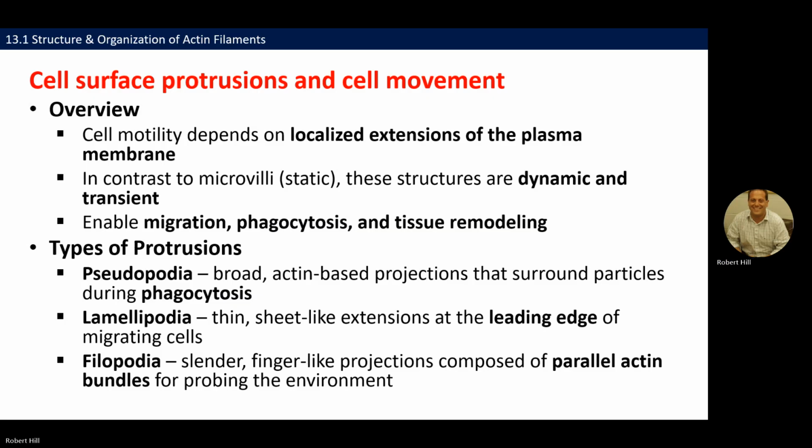Pseudopodia are important in phagocytosis, right? They'll wrap around. Lamellipodia are like flat hands that can go out and stick to surfaces. And then filopodia are like little fingers that can go out and probe around the environment.